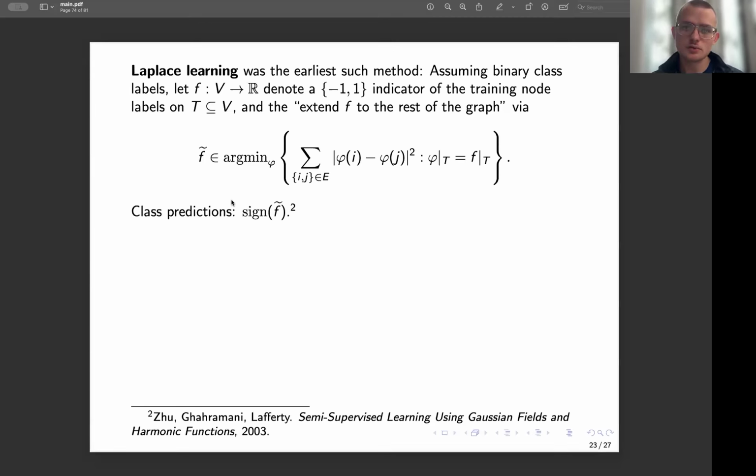When mentioning the Laplace learning method in 2025, now that we have 20 years of literature and methods, it's important to mention that this method does have well-known failure points. In particular, this method performs well when the amount of labeled data is sufficiently large.